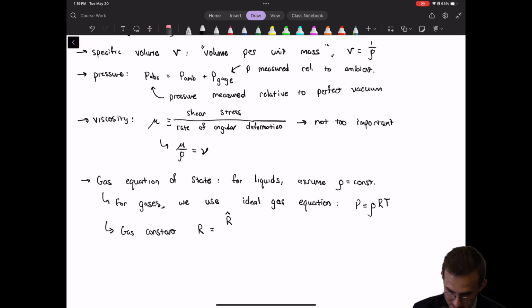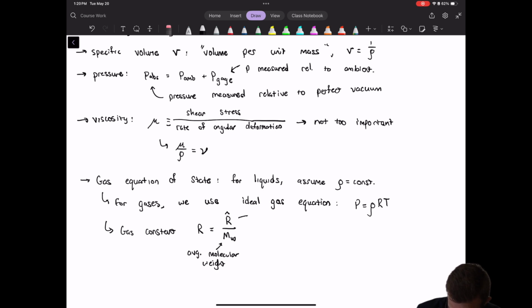Now R hat is the universal gas constant divided by the molecular weight of the gas, and it's the average molecular weight.